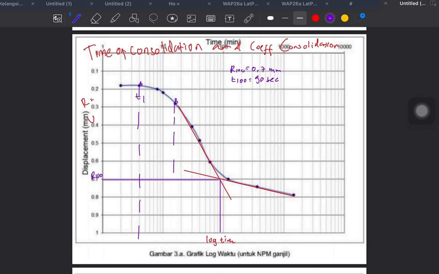Point B needs T1, it's T2. T2 is equal to 4 times T1.